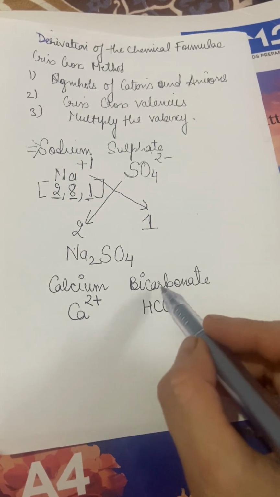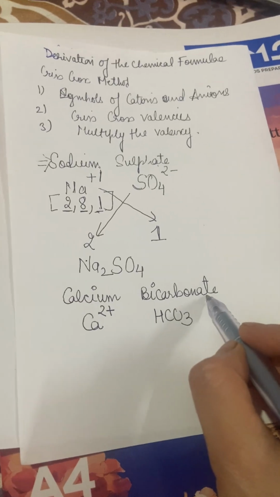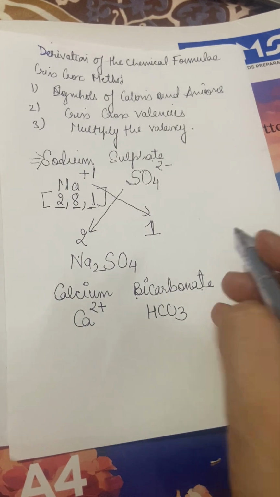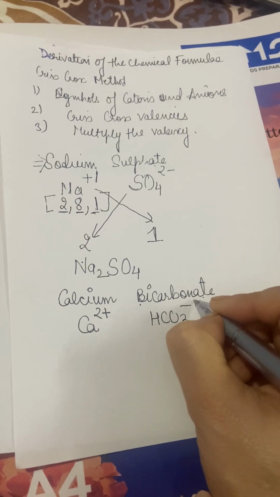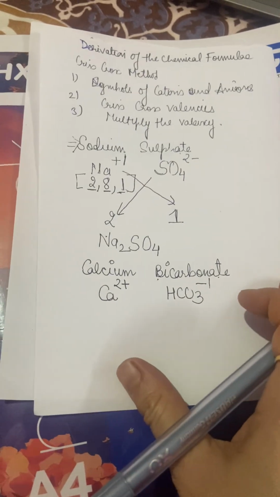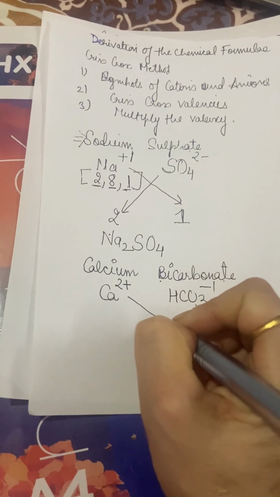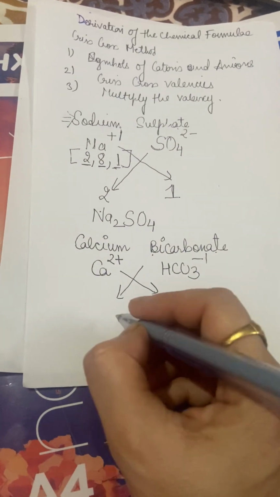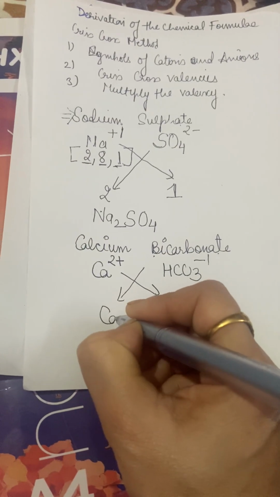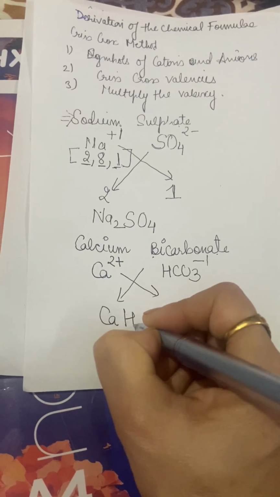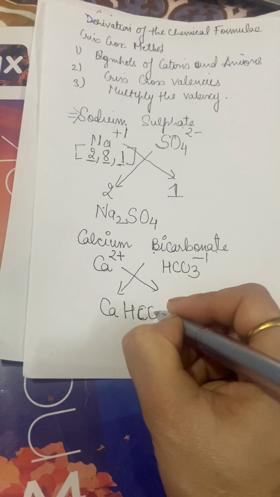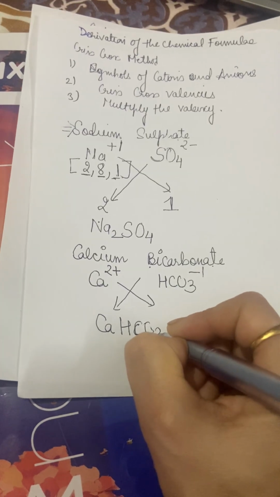Bi means the anion here is carbonate. If we put bi, it will be hydrogen. So bicarbonate, and its charge will be -1. Again, you will follow the crisscross method, and the formula will be CaHCO3, right?